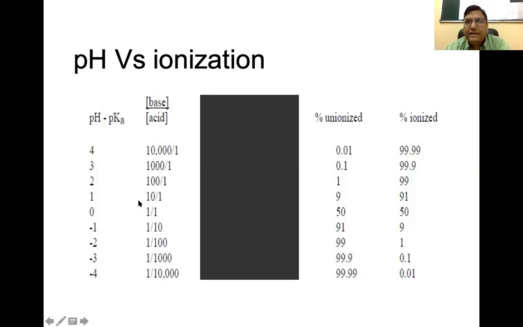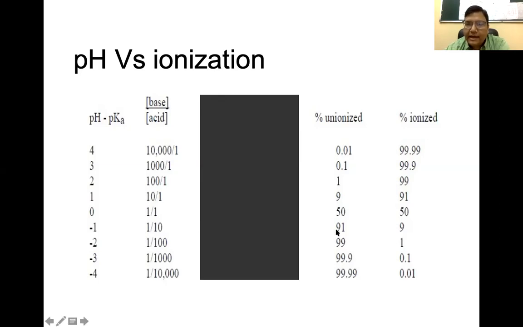So the unionized will become 9 and ionized will become 91 from the same formula. And vice versa, if we decrease the pH by 1, then the unionized will become 91 and the ionized will become 9. That means in more acidic pH, weak acids will be less ionized and more will be unionized.